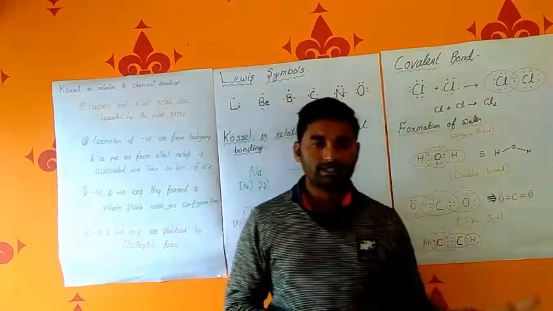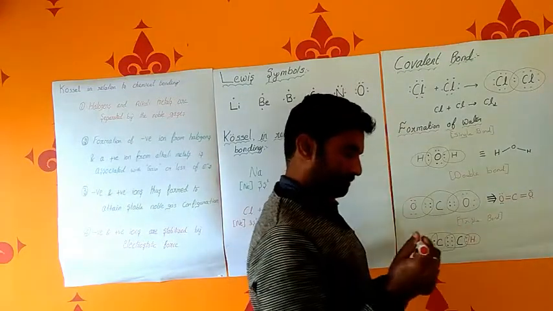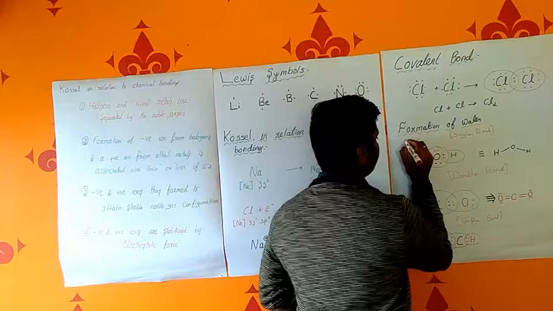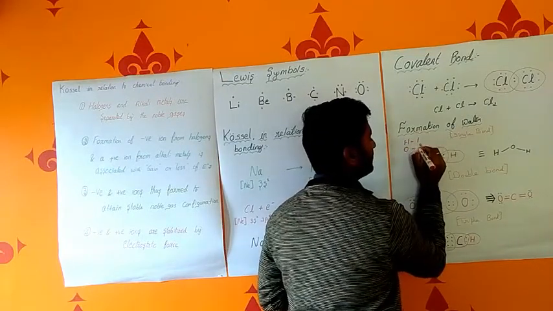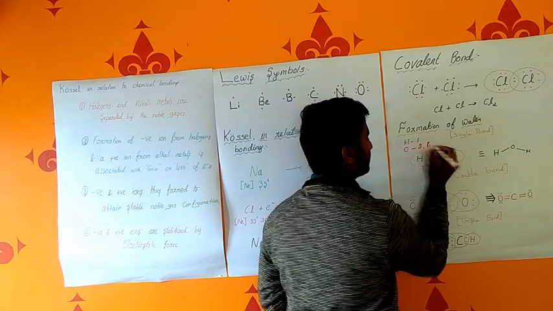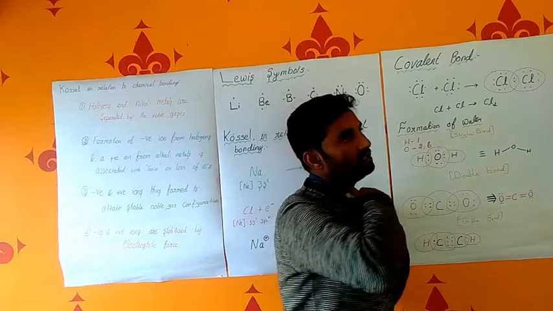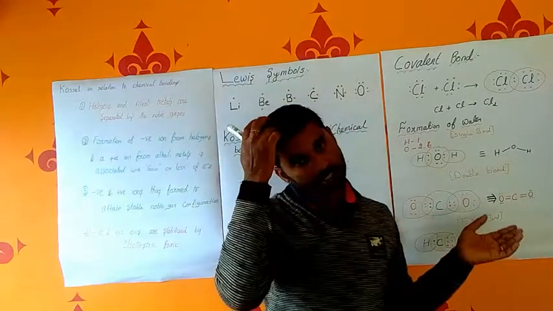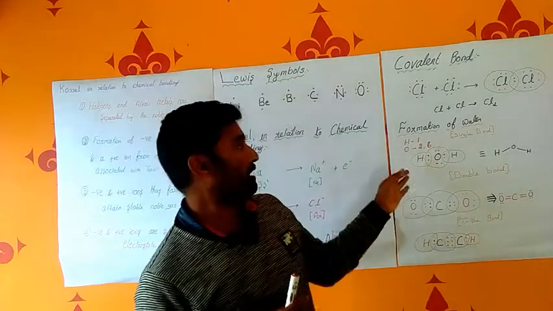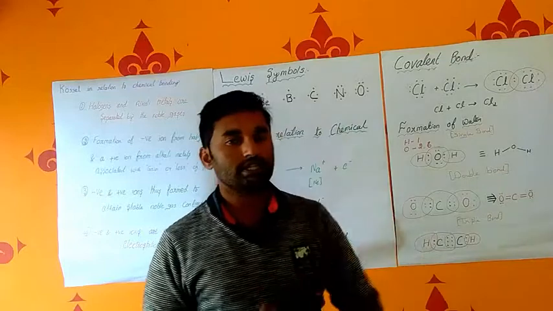As well as oxygen, the electronic configuration of oxygen is, okay, for hydrogen it is only 1, for oxygen the electronic configuration will be 2, 6, because in the first orbital maximum 2 electrons can occupy, as well as in the second orbital maximum 8 electrons can occupy, but oxygen has only 6 electrons, it needs 2 more electrons.